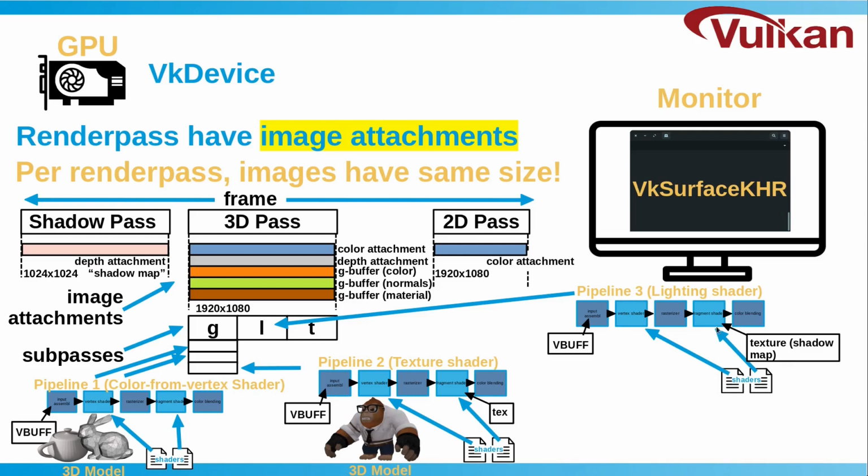And in the fragment shader, it will use a sampler to access the shadow map. So the shadow map that we created here as this depth buffer in the shadow render pass will then in pipeline 3 in the fragment shader be sampled exactly the same way as we sample the texture.